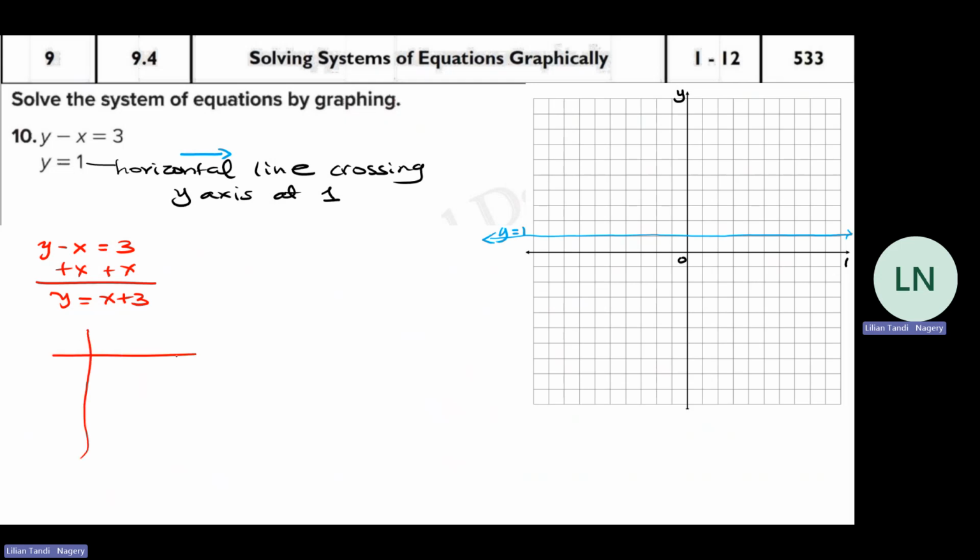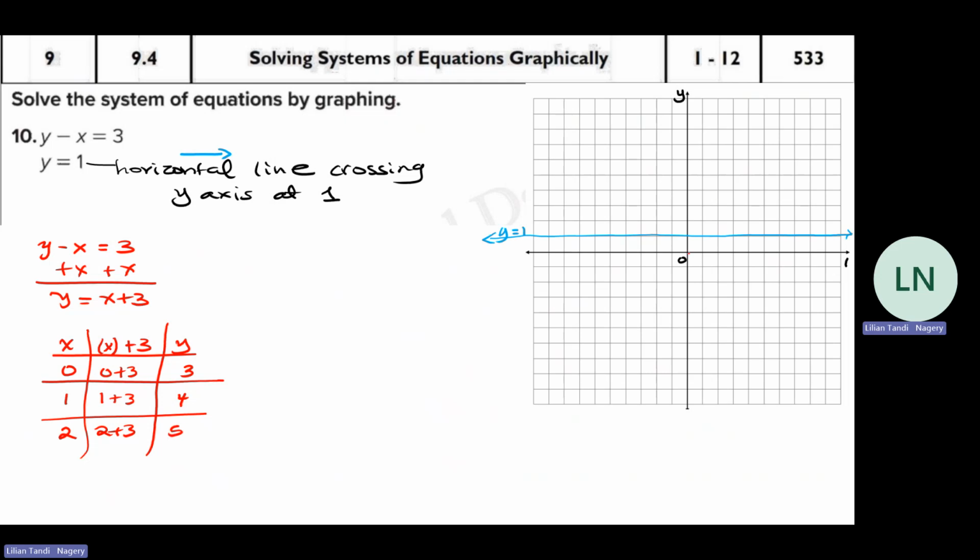Then you do your table. You have x, you have y. You put it in brackets because you'll be changing it. So 0 will be 0 plus 3, which will be 3. 1 will be 1 plus 3, which will be 4. 2 will be 2 plus 3, which will be 5.